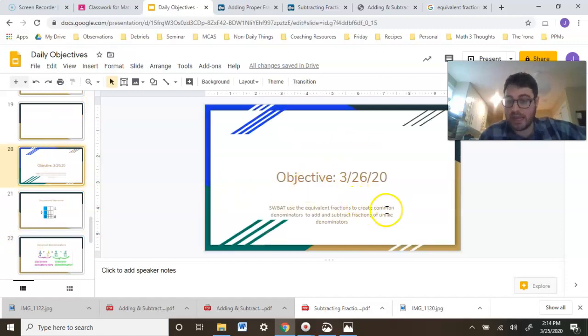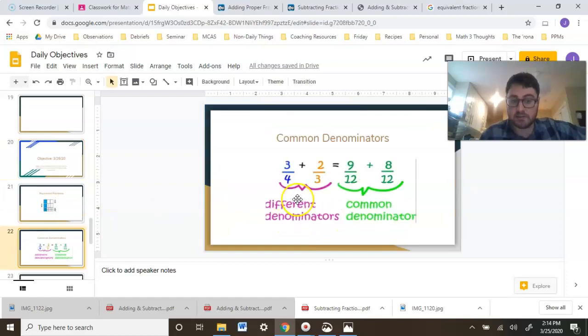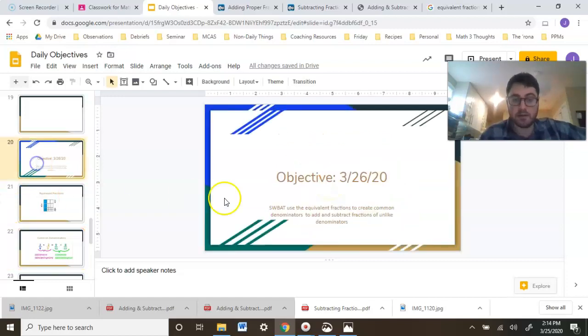We're going to crear common denominators. So remember, common denominator, lo mismo, different denominator, diferente, okay? To add and subtract, a sumar y restar fracciones of unlike denominators.